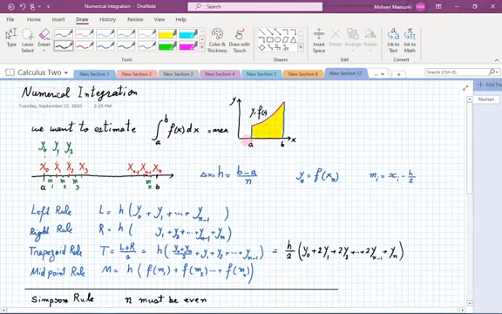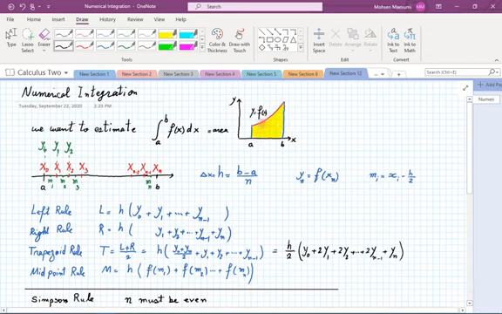That is, if b minus a is big, then you suspect that you will accumulate more error. But how does it depend on that? It all depends what kind of method you are going to use. And of course, we talked about the role of the number of panels in any of these cases. If you increase the number of panels, then you decrease the amount of error that you have.